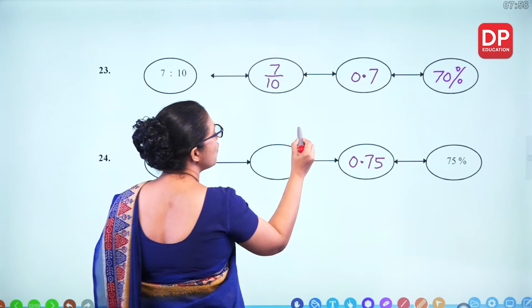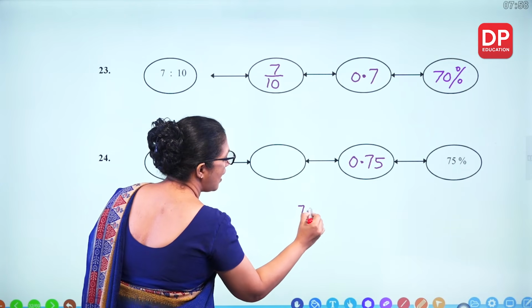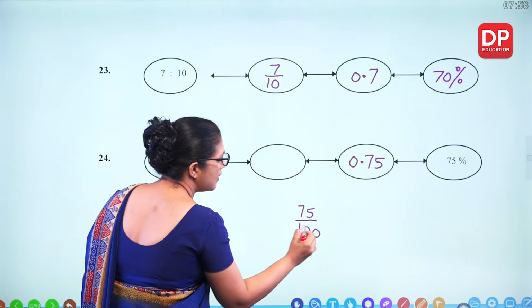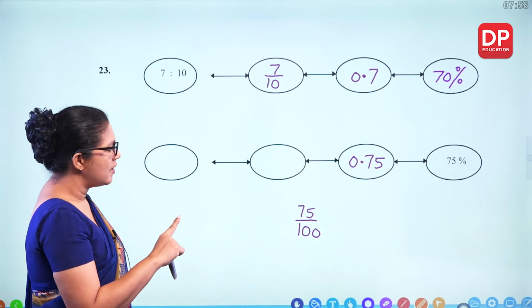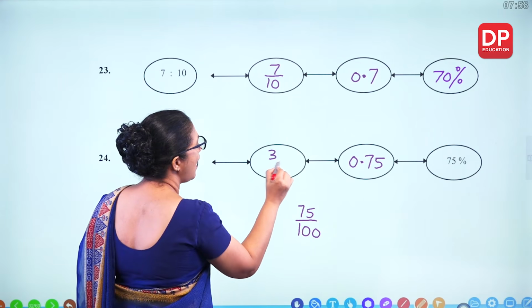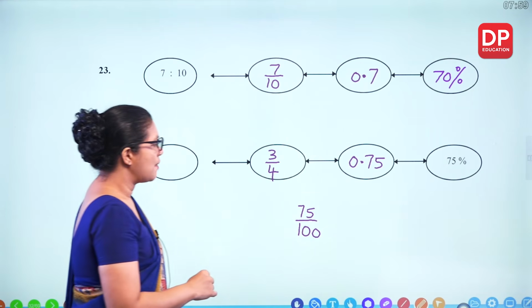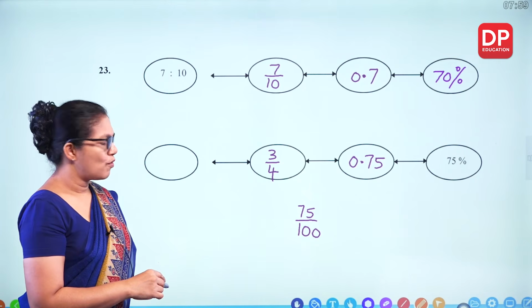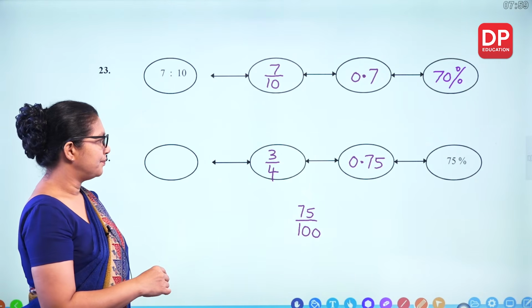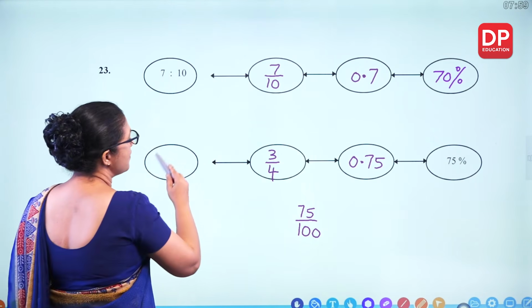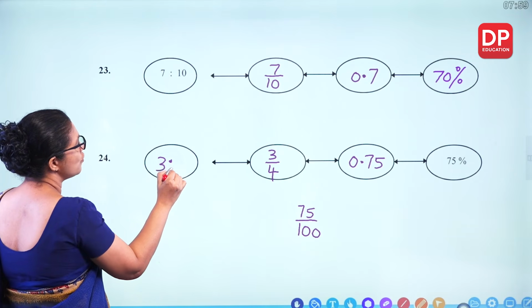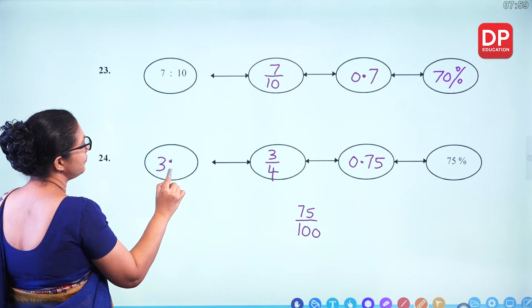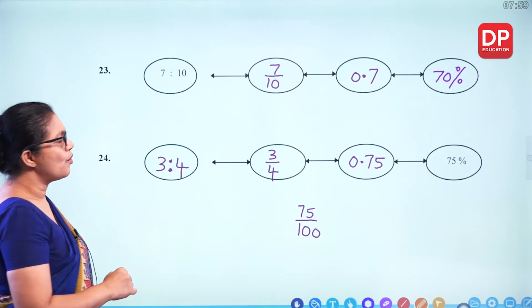So 75/100 I can simplify. That means divide by 25, I get 3 and 4. 3 times 25, 75. 4 times 25, 100. Now as a ratio, I can write 3 to 4. 3 to 4 ratio.